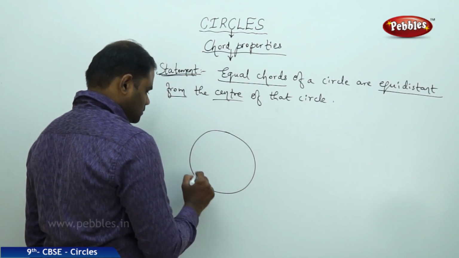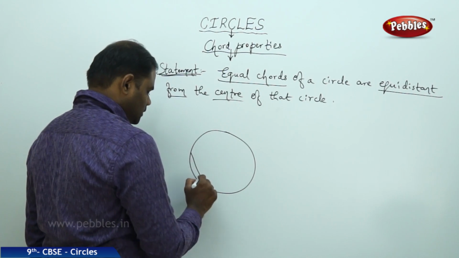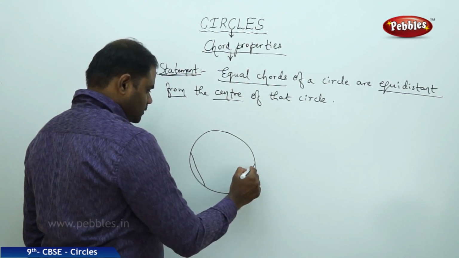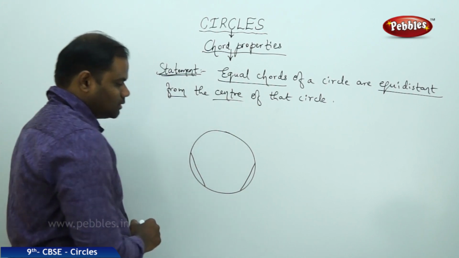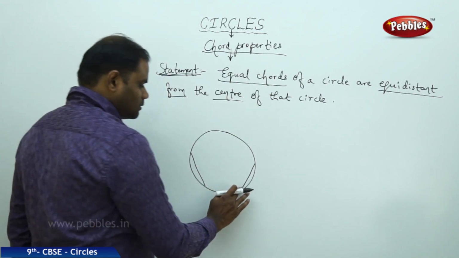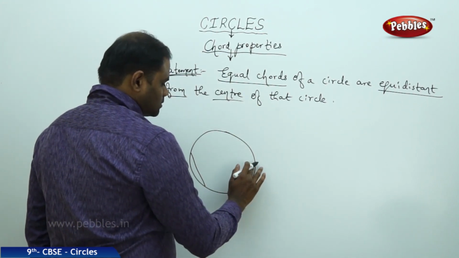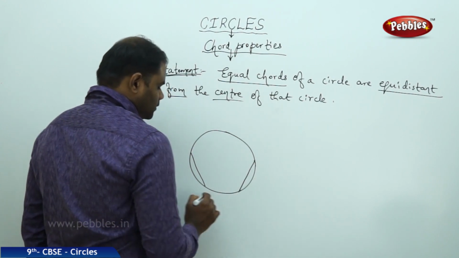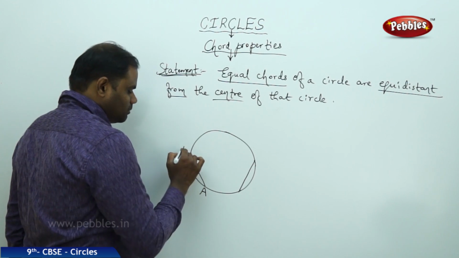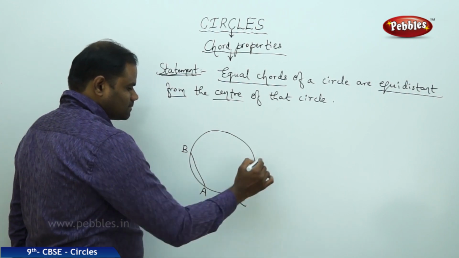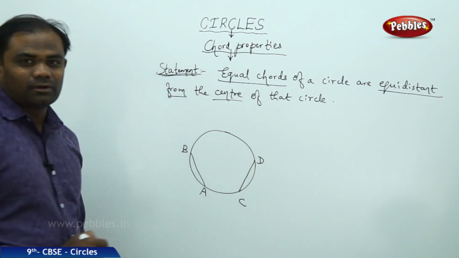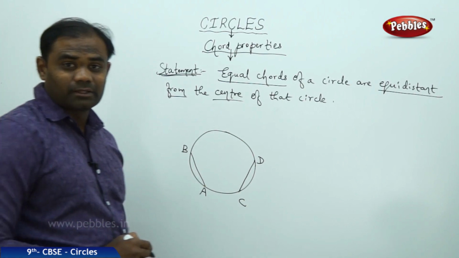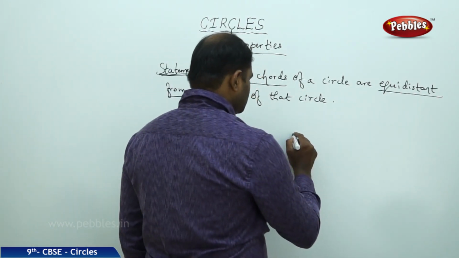Here is my chord and here is my other chord, and both the chords are of equal length. So AB is the chord and CD is the chord for this circle in such a manner that they are equal.